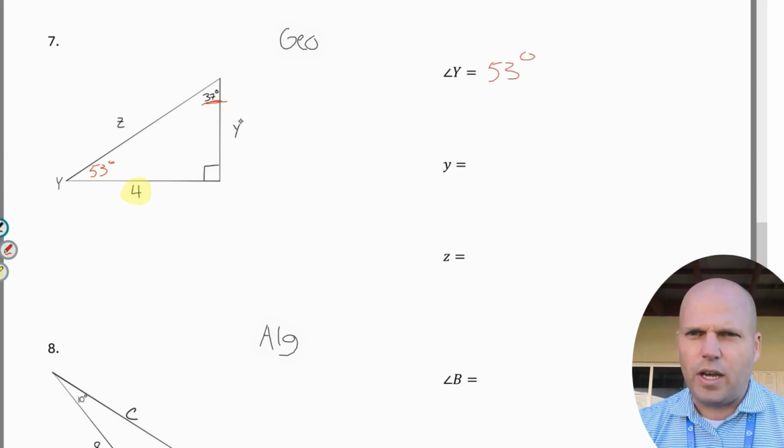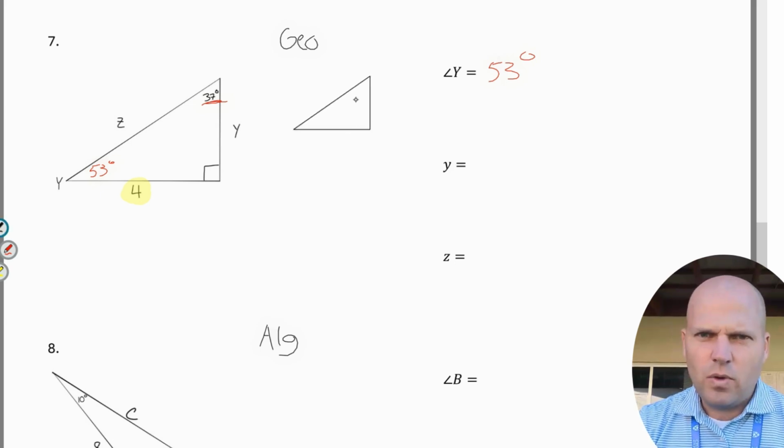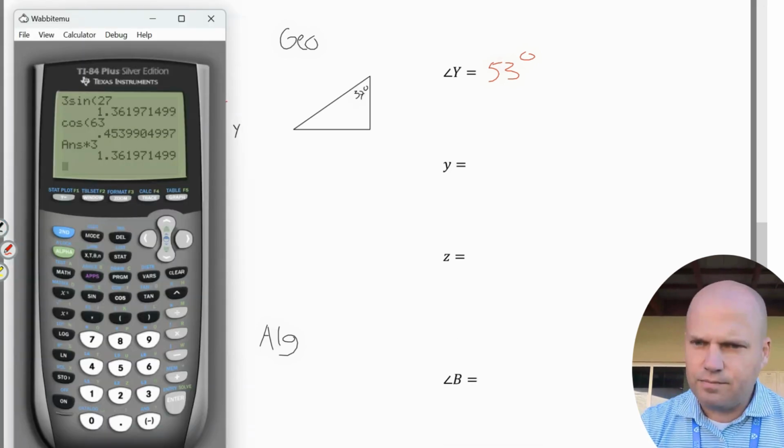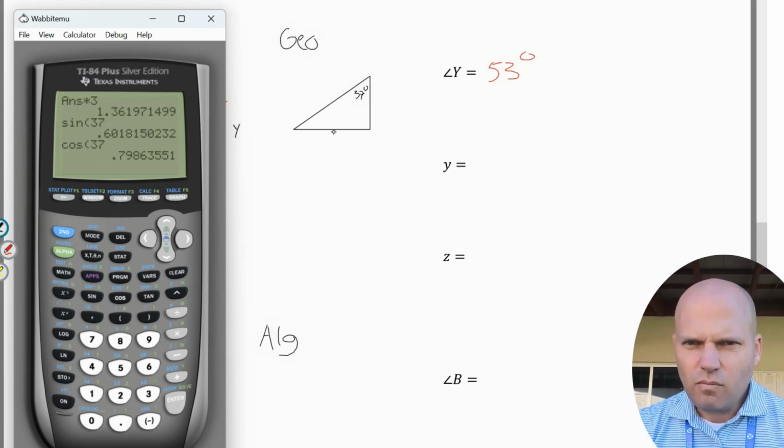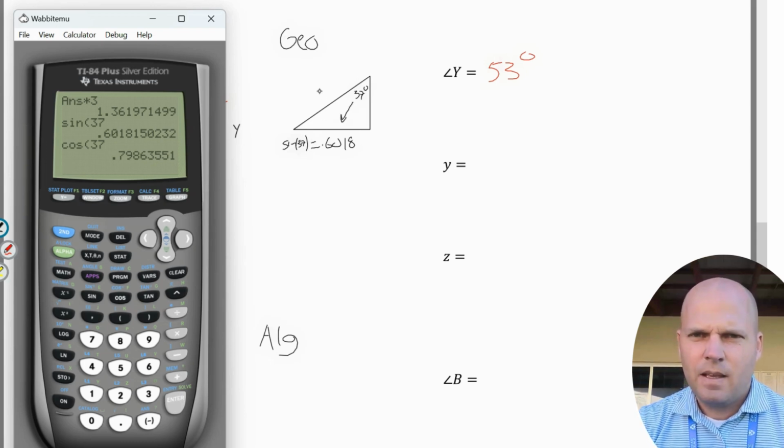Cool. Let's start with the geometric approach, which is if we have a small triangle with 37 in it, we can do the sine and the cosine. And I get 0.6018, which is the sine of 37, making sure we know that this is opposite 37.